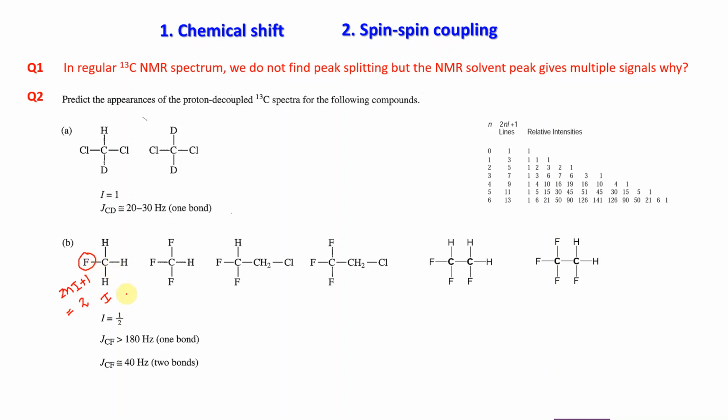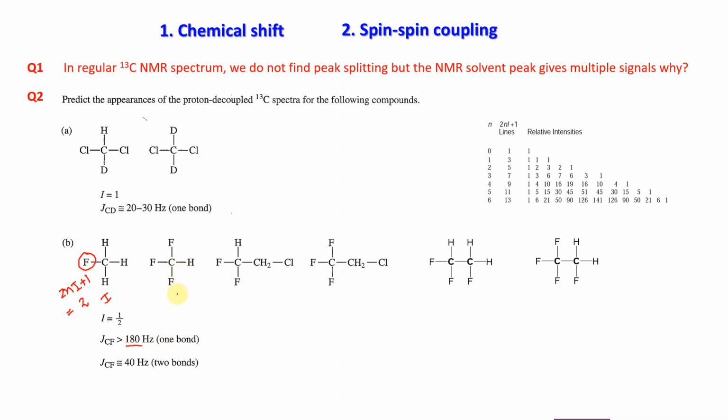And you don't have 2 bond coupling here. Here you have only single bond coupling because you have fluorine directly attached to 1 carbon and there is no other carbon in this molecule. So the coupling constant utilized will be 180 Hertz. This one you are going to get.